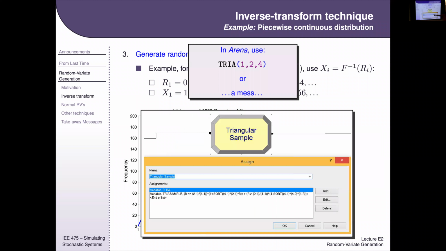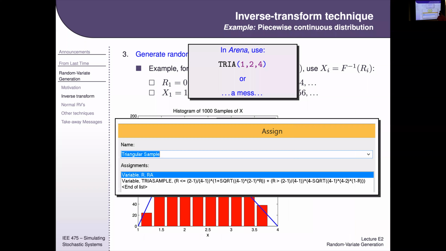The way it would look is I could generate a box like this, an assign box here, and in it, I could assign a variable r to a random number between 0 and 1. And then I'm going to zoom in on this. Once I know that number r has been fixed, I can assign to a variable called triangular sample this really ugly expression, which basically says when r is sufficiently low, use this expression of r. When r is sufficiently high, use this expression for r.